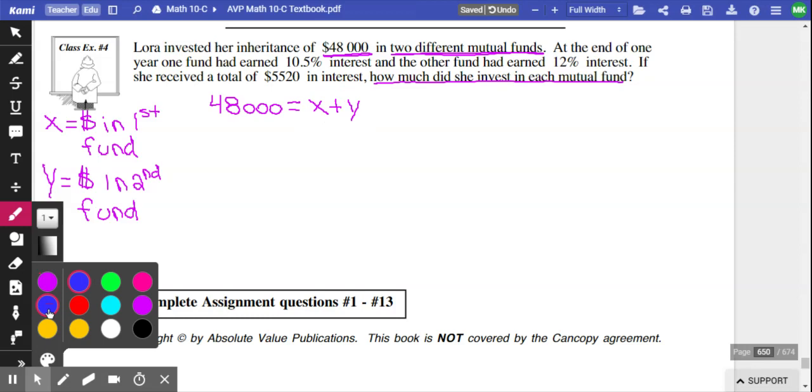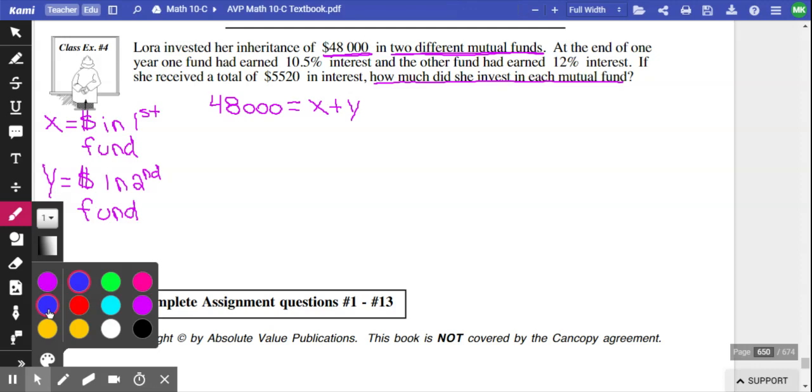The second equation is actually going to come from the second and third sentence. And it's a little more complex. So it says, at the end of 1 year, one fund had earned 10.5% interest and the other had earned 12% interest. If she received a total of $5,520 in interest, how much is each thing? I'll show you mathematically what it looks like, then I'll explain why it looks like that.